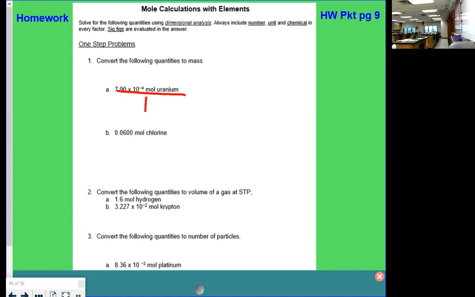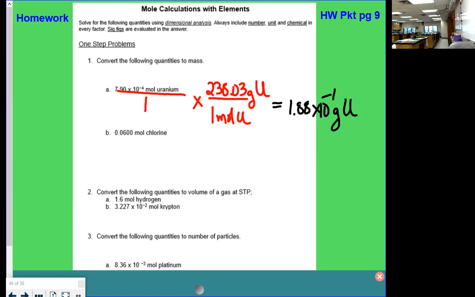To convert moles to mass, I need the periodic table. I would say that 1 mole of uranium is 238.03 grams of uranium. There I have it. And the answer is moles to mass, 1.88 times 10 to the minus 1 grams of uranium.